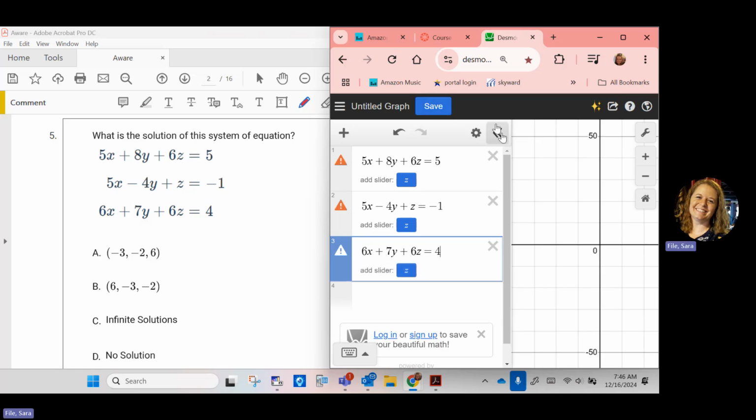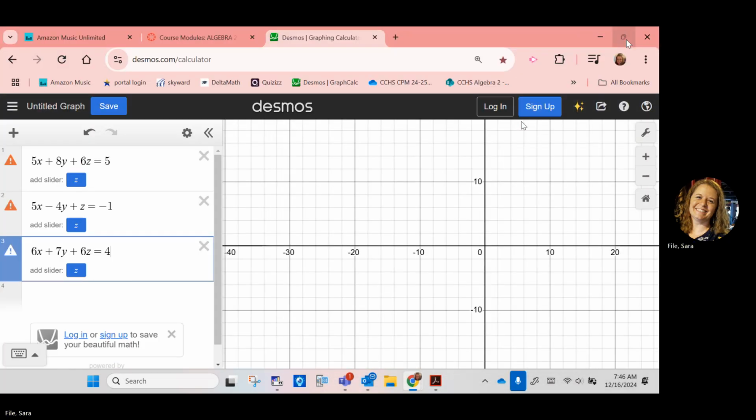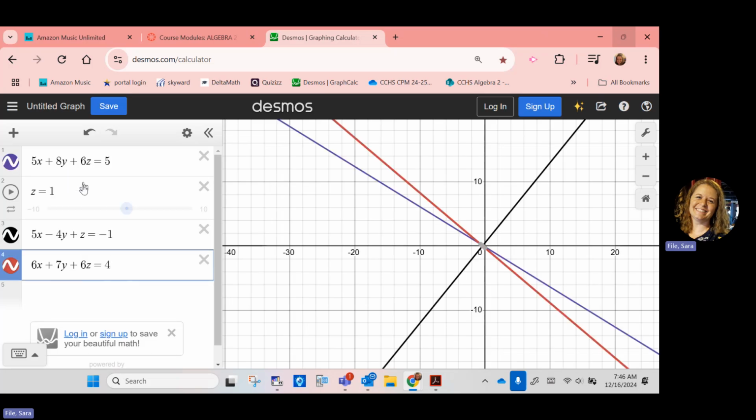Okay, so notice none of these show up on the graph. There's nothing on my graph because they all have z and we don't know what z is. So on any of these, it doesn't matter which one, but on one of them, you have to click add slider for z. Then they're all going to appear.